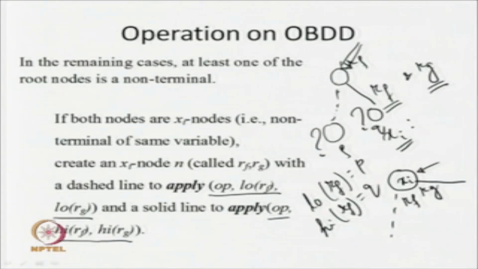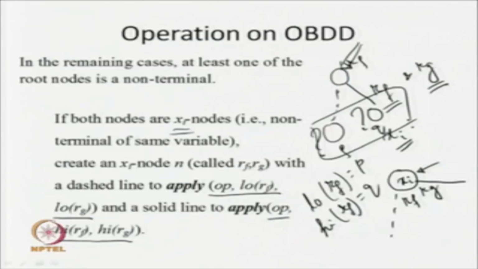So, whatever we have, this is the dashed line and this is the solid line, and for the decision we have to look at those particular sub-BDDs. That is why we are going to apply the operation on LO of RF and LO of RG, and on HI of RF and HI of RG.